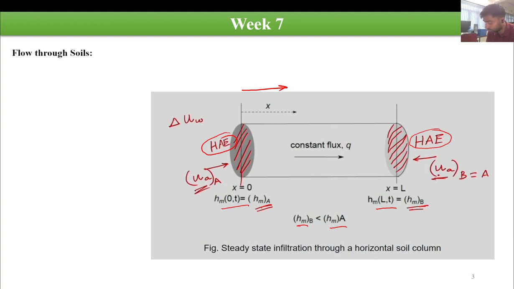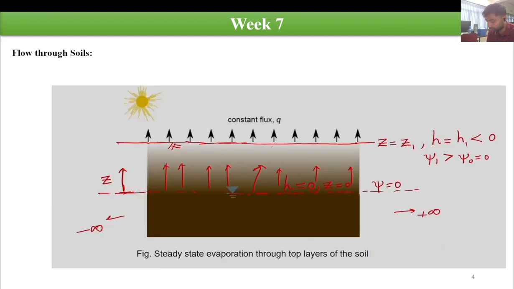If these two heads are constant, this flux going from this side to this side is constant. So this is the steady state condition. The heads are constant at both ends, so the flux passing through the soil sample is going to be constant. A similar concept is applicable for infiltration as well as evaporation in the soil.